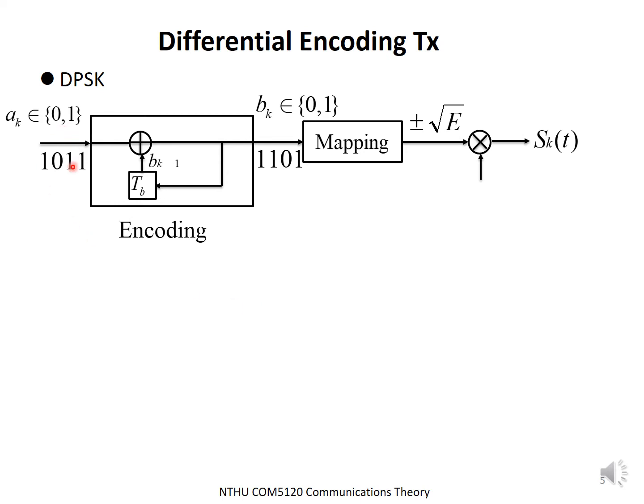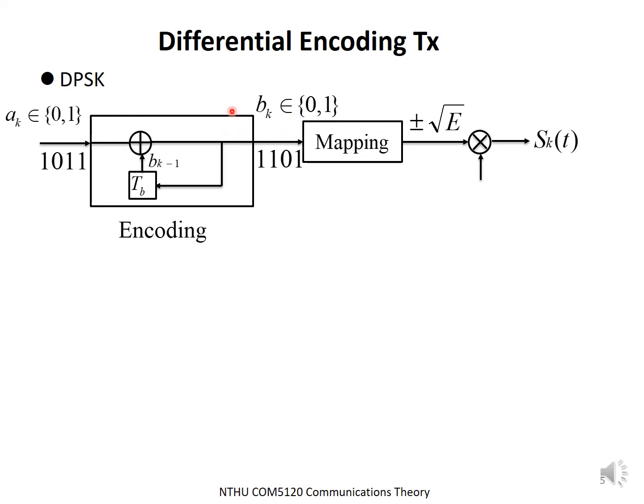The input, again, is binary. That is, AK is a binary stream, and every bit is 0 or 1. That would be the input to the encoding, and the output of the encoding would be BK.